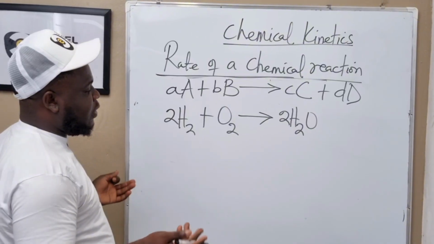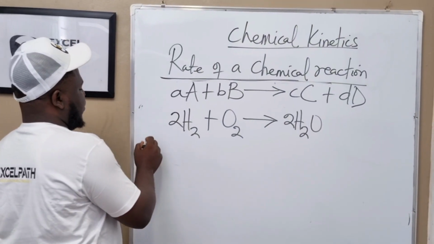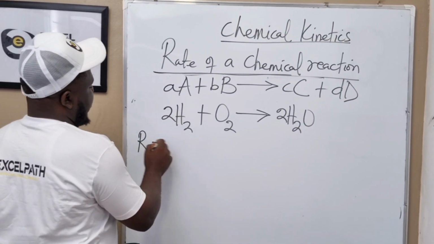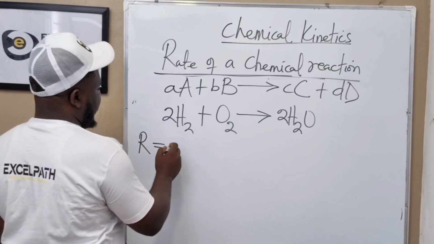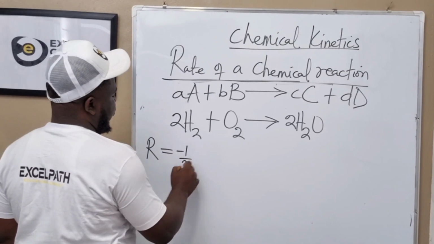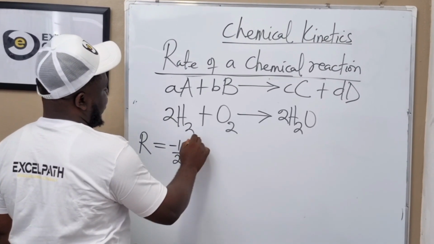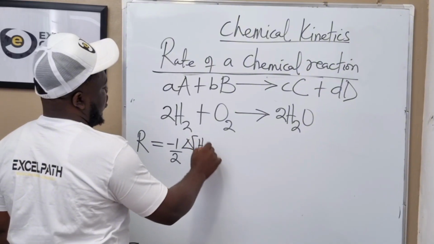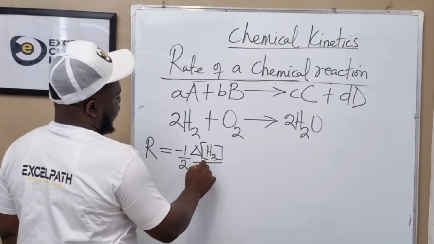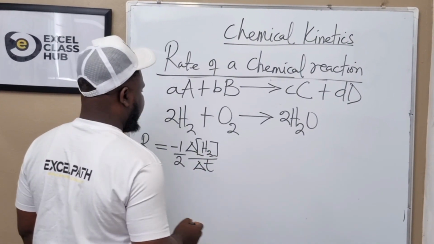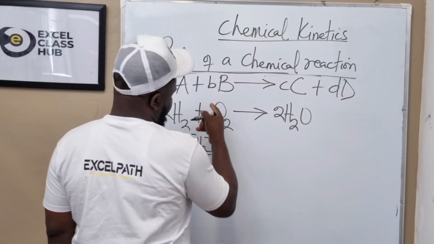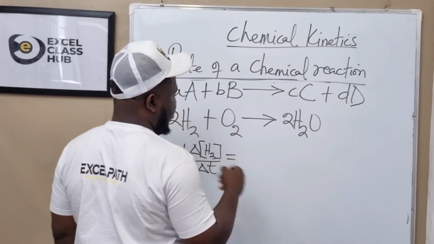How do we write the rate expression for this reaction? The rate expression becomes R is equal to, now this is the reactant, that becomes minus 1 over 2, change in the concentration of H2 all over change in time, is equal to, now, we don't need to write 1 over 1 because it will give us 1.